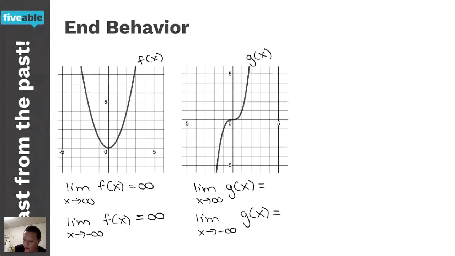If we look at the end of this graph, it's going to continue to go up, and as it goes up, it also moves further to the right. So as my x values are increasing, my y values are also increasing. As I take this limit as x approaches infinity of g of x, my function values are also getting larger and larger. So the answer here would be infinity.